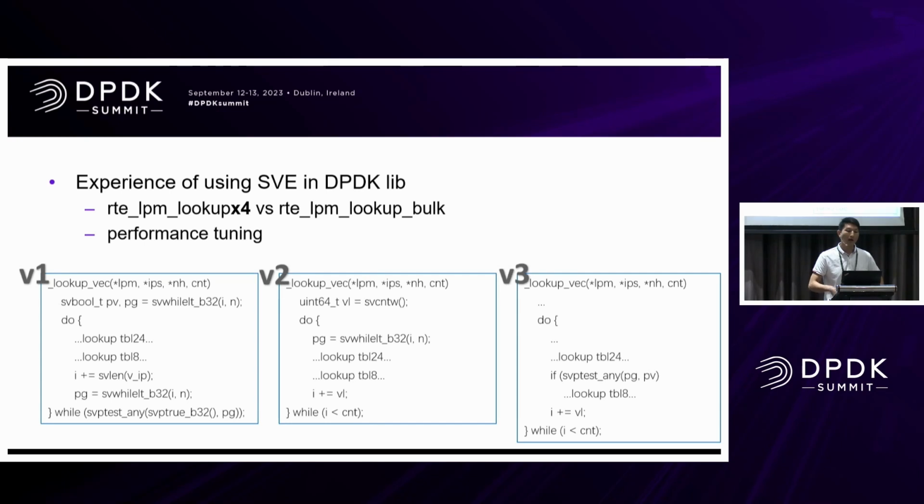That means how many IP entries are processed by this loop iteration, and then update the predicate. And then after a test of the predicate, we check if there's any more work to do in the next loop iteration. Actually, this version of the program didn't give very good performance.